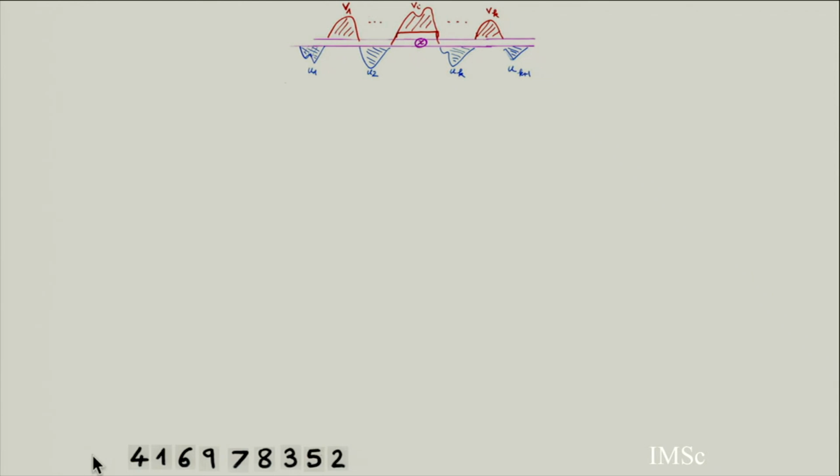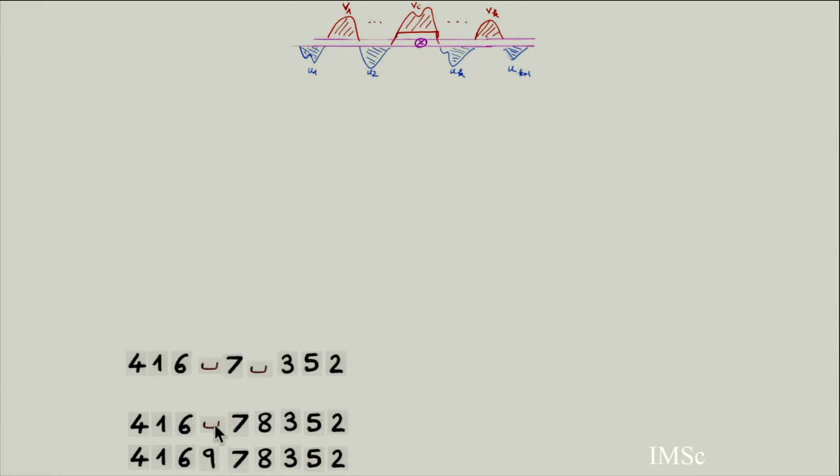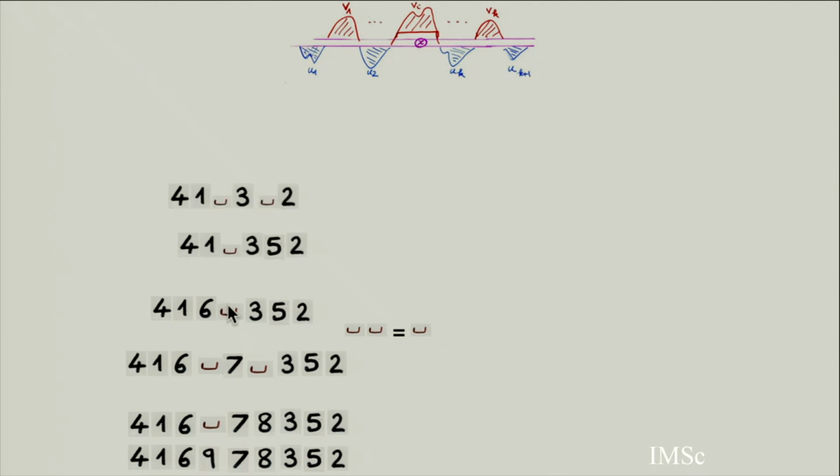So if you want to get back these blue and red, start from this permutation and delete the 9, then delete the 8, then delete the 7. If I delete 7, I have 2 consecutive intervals, and 2 consecutive intervals give a single interval. So you say I can delete, and what you get is, for example, here or here, this interval corresponds to the red block.